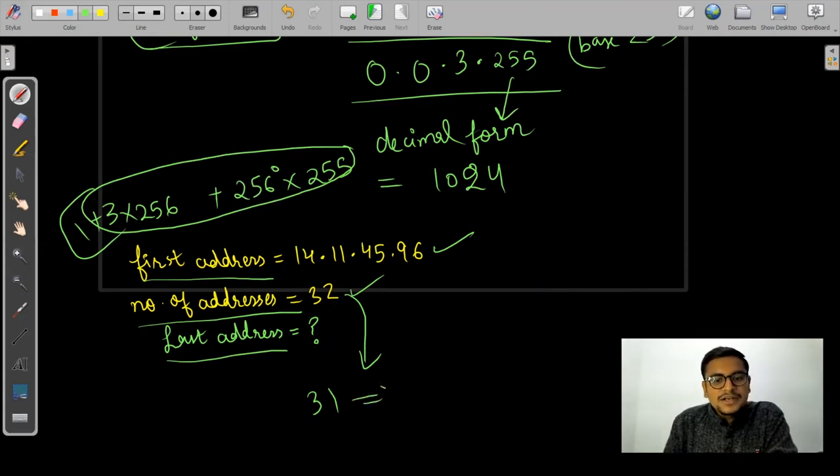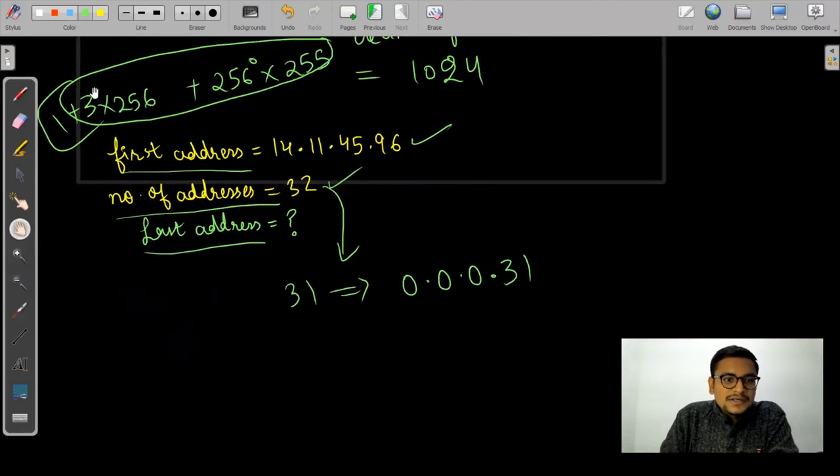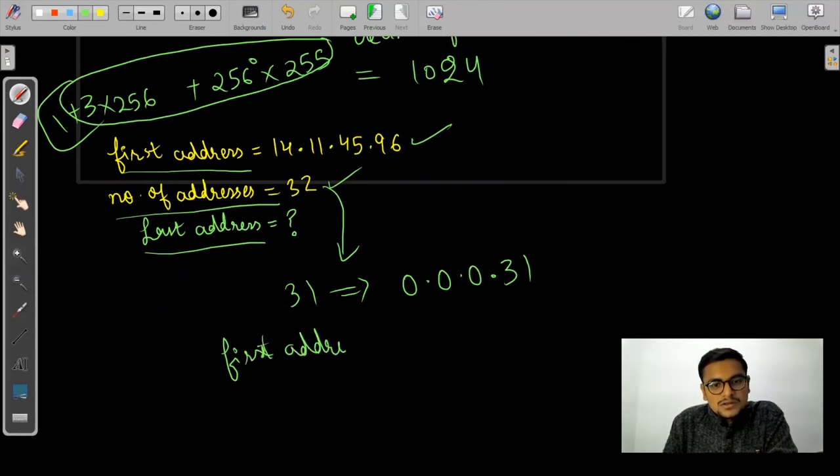We'll represent it in the form of dotted decimal representation, which will be 0.0.0.31. And after that we'll just add. So this is the first address plus 0.0.0.31.